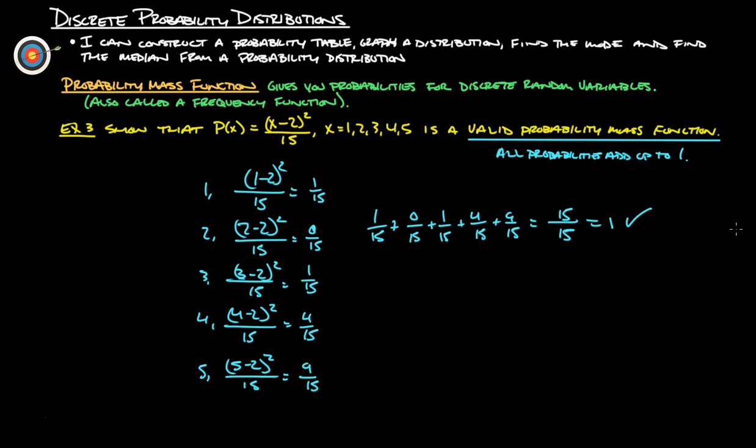So we have shown that it's a valid probability mass function. This one works because all these probabilities add up to 1. If they don't, then that means either we had some kind of math error, or not all the different possible outcomes are included in our x's here.